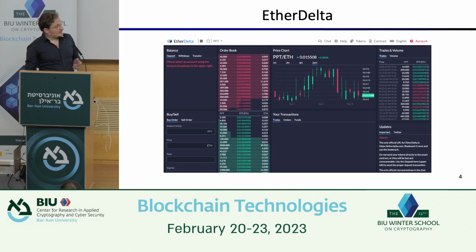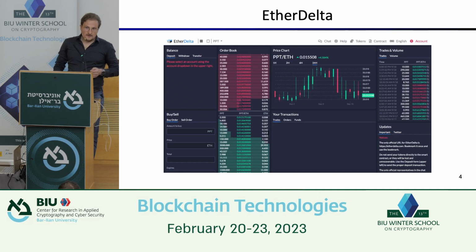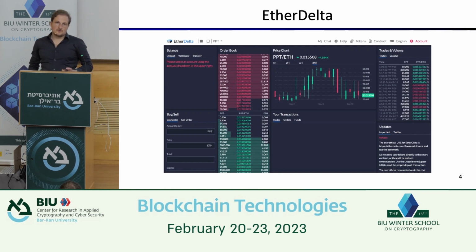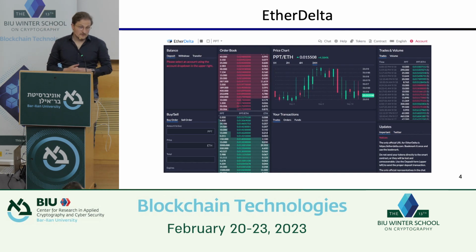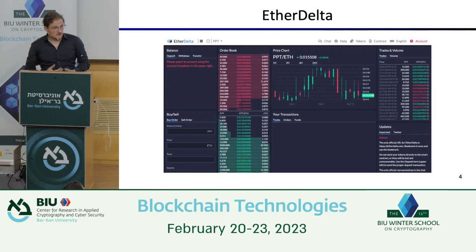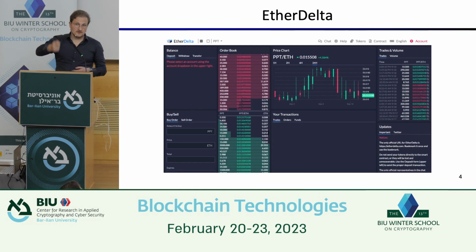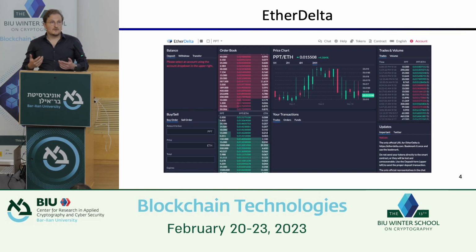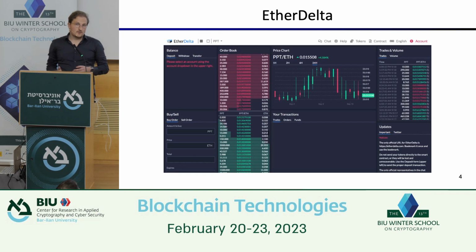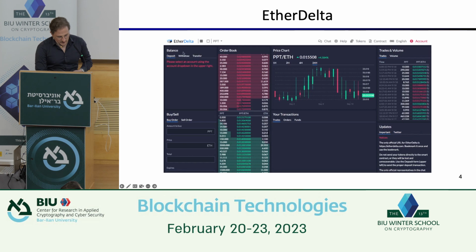And what we have seen on-chain are examples of on-chain order books. EtherDelta is probably the most prominent example. EtherDelta was a decentralized exchange. The coins were in custody of the users. The users were able to deposit the coins in the smart contract of EtherDelta, which was hosting a limit order book, right? So here you had your balance.